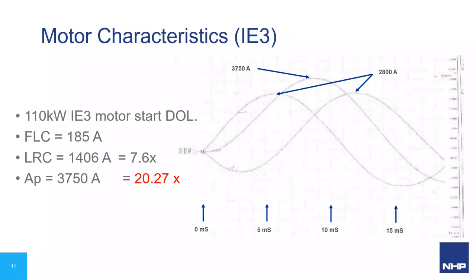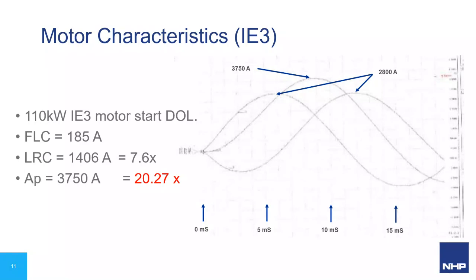Here are some results of actual site testing from a mine site in Western Australia. This is a conveyor motor. It's a 110 kilowatt, 185 amp full load current, and a locked rotor of 1406 amps. The highest recorded phase was 3,750 amps, and this is a multiple of 20.27 times the full load current of the motor.